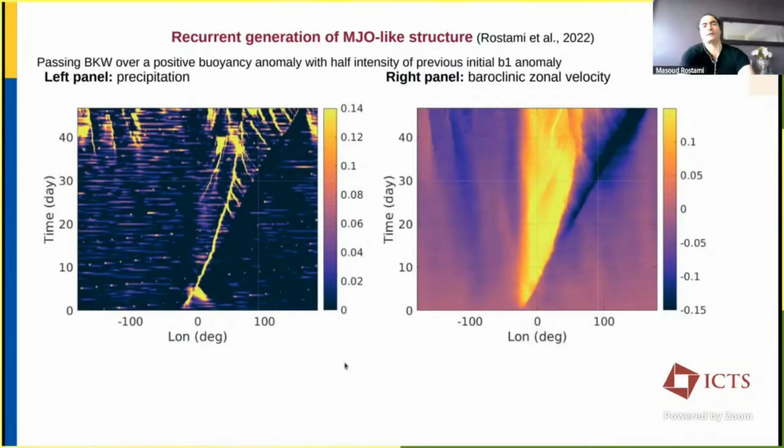Yeah. In fact, when we are talking about shocks, we should distinguish between the physical shocks and numerical shocks due to instability of the numerical systems.